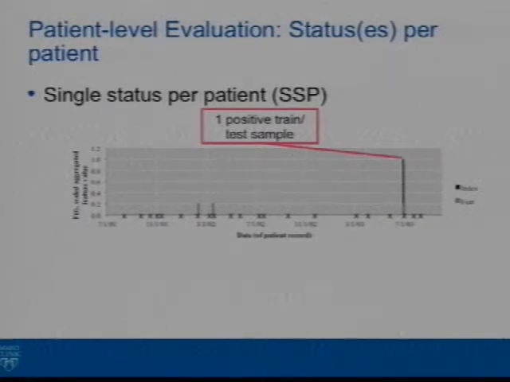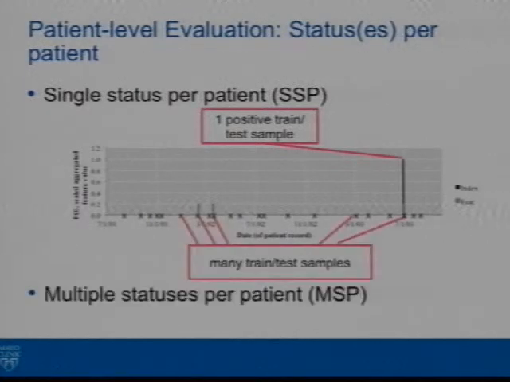That's one sample. That's a single status per patient kind of setting, SSP. Now, on the other hand, like we said, if we looked at one of these previous instances, that was a negative instance for asthma, right? So perhaps you can look at a multiple statuses per patient setting. And each of these kind of has a different implication for when you're testing.